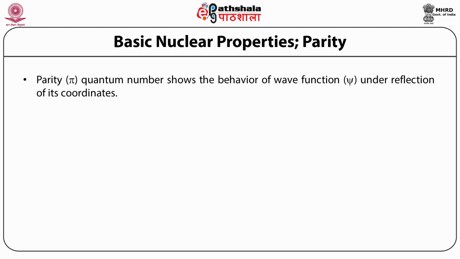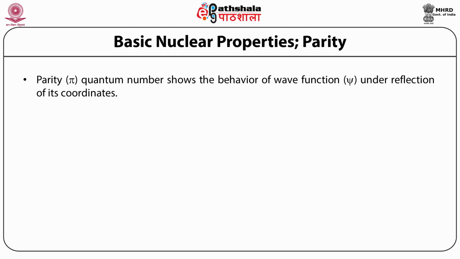A particle in quantum mechanics is seen as a wave, so the nucleus is also considered as a wave, and it will have its wave function. Whatever is the behavior of this wave function under reflection of its coordinates is shown by the parity.